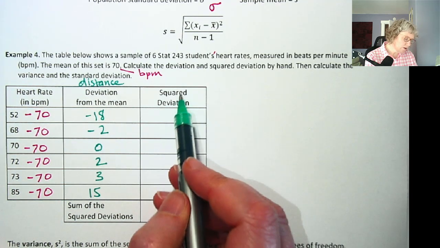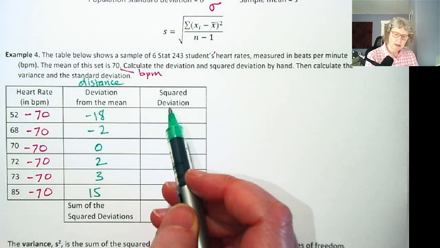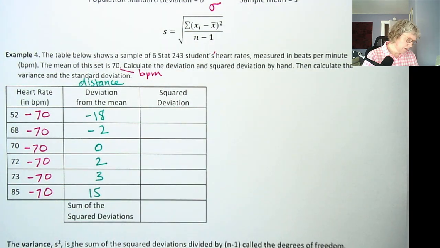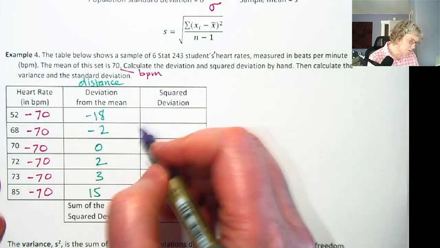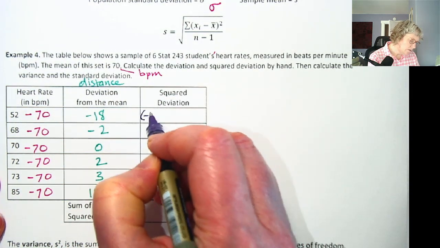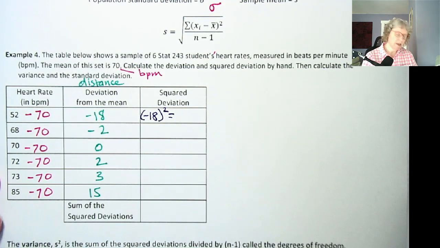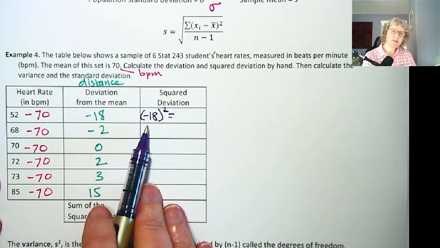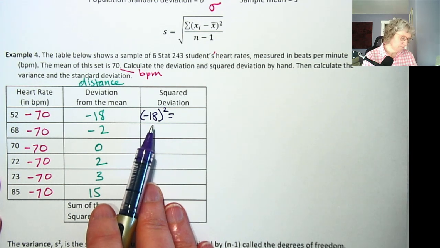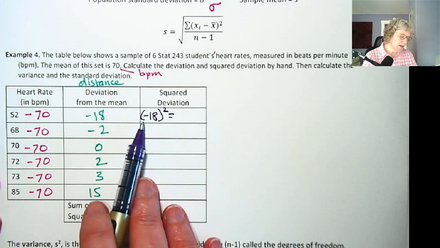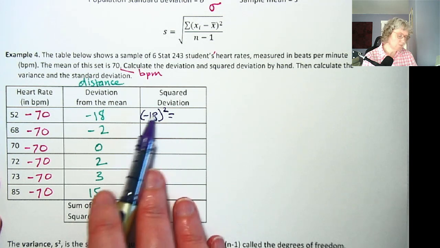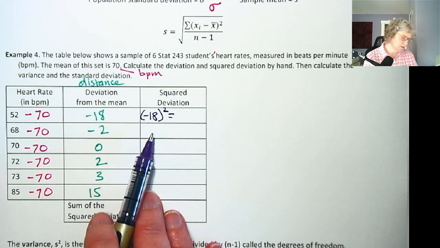We square each deviation, and I will go ahead and write that in this table as well. I'm going to put negative 18 squared in parentheses, because if you type it in a calculator without the parentheses, it'll stay negative. If we want to square the negative with the number, including the sign, we need to put parentheses around it.